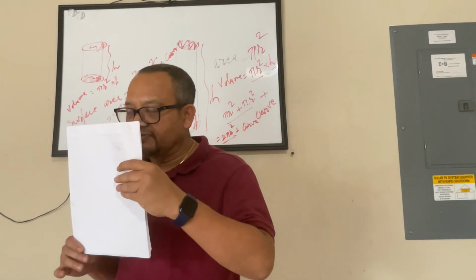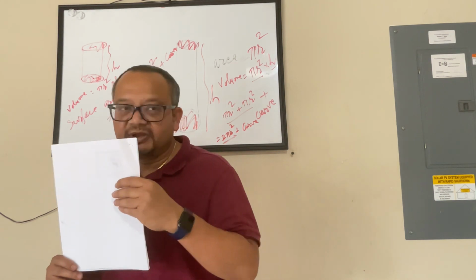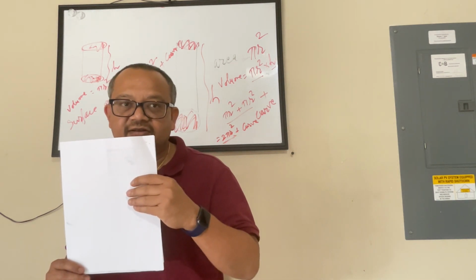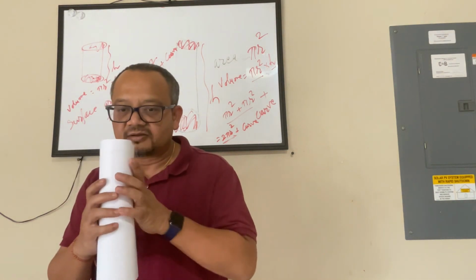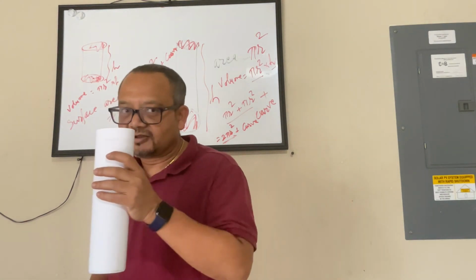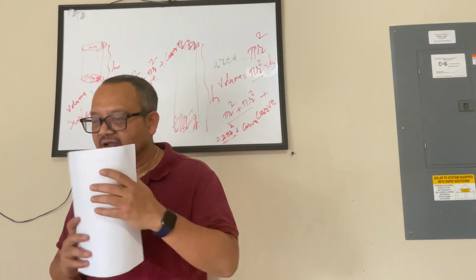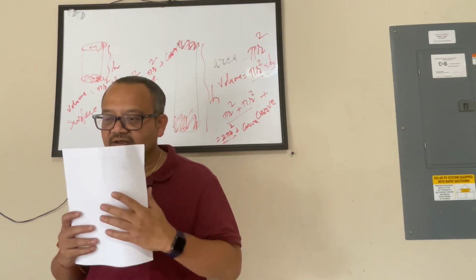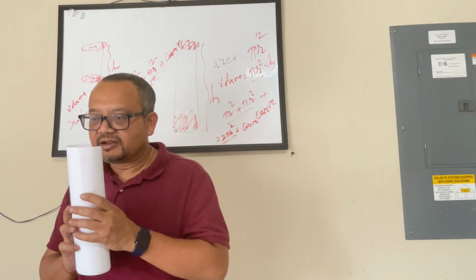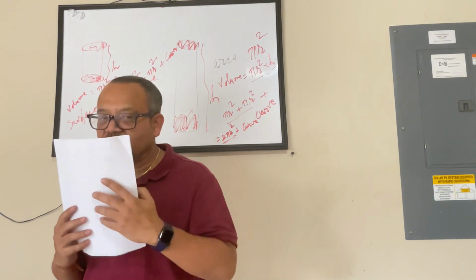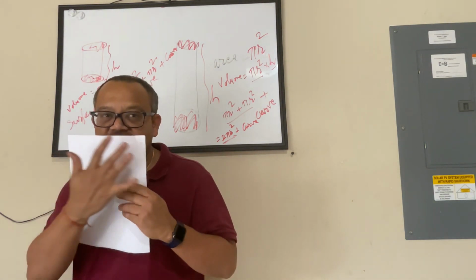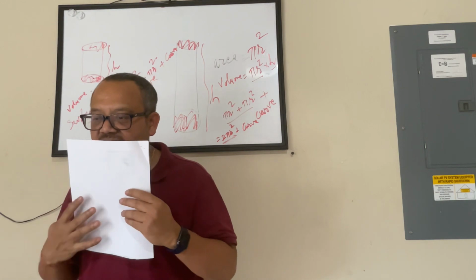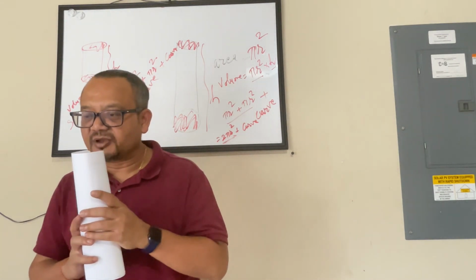This is a rectangle, right? When I unfold a cylinder, it becomes like a rectangle. Look at this cylinder becoming a rectangle. So if you know the area of this rectangle, you would know the surface area of this curve, right?